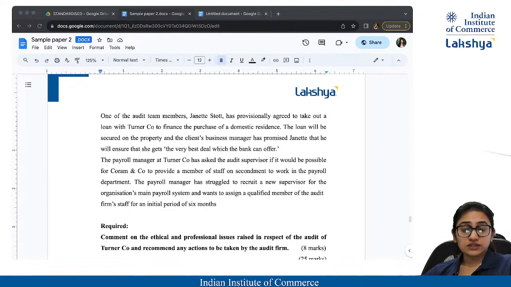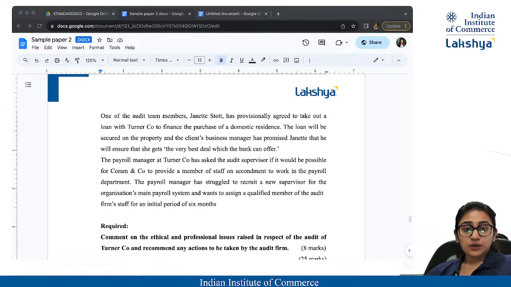Again, I have to see the safeguards for this threat, if the threat can be reduced to an acceptable level. Also, the nature of the work that my members are doing with the client should be considered. If it is very important to give the assistance, then the assistance should be given for a short period of time, and the staff should not assume management responsibility there.